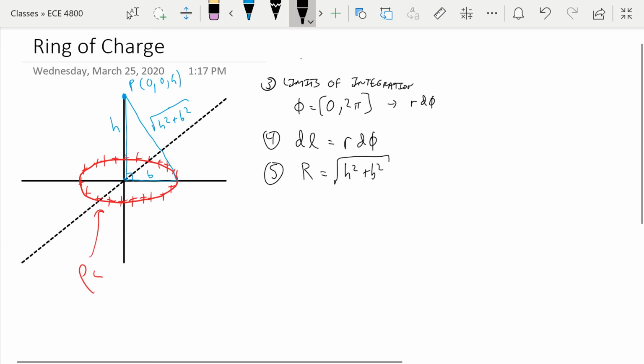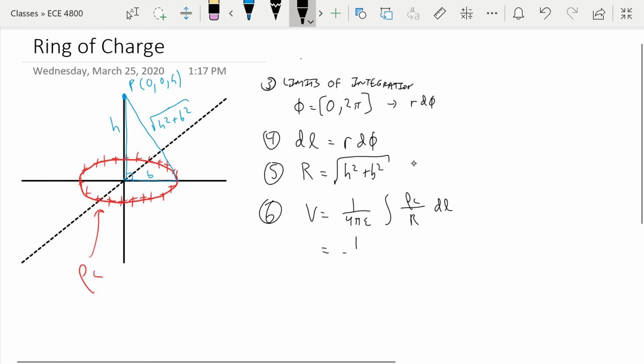And the next step is going to be to set up the line integral. We'll do step 6 here. Voltage is equal to 1 over 4 pi epsilon, integral, we're just doing a single integral in this case, rho L over R dl, integrating a scalar quantity.